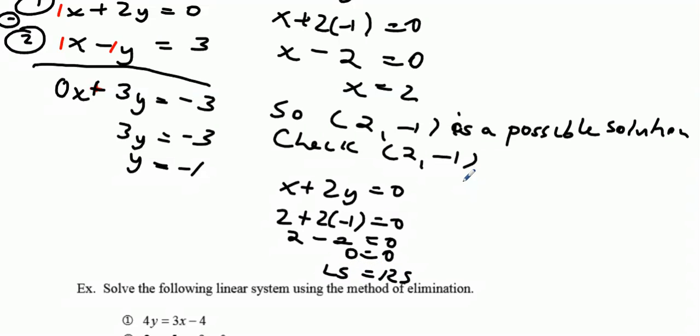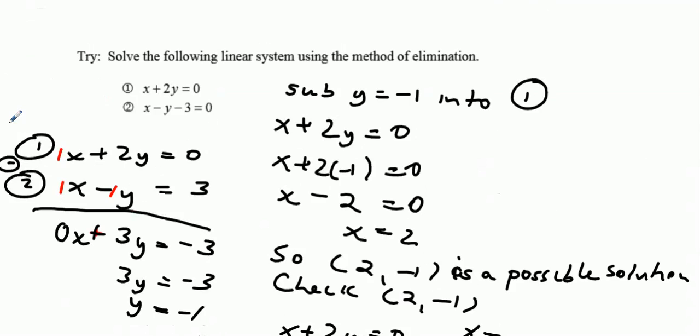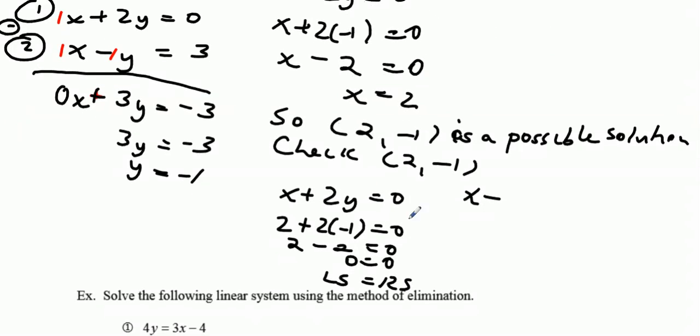And if I continue here with the second equation, which was x minus y minus 3 equals 0, let me just double check, yeah. I'm going to put 2 in for x. This is where it gets tricky. It's minus y. So we're subtracting off our y, but our y is negative.